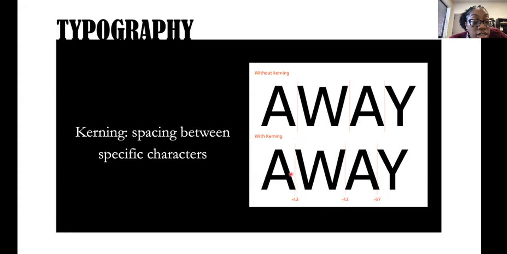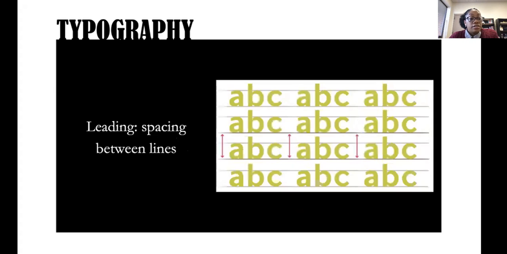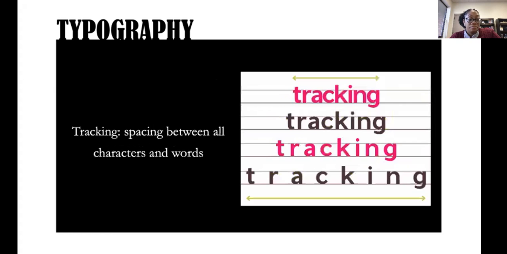It's gonna look even to the viewer's eye, but it's gonna probably have different numbers, different measurements between each one. Then you have leading, which is spacing between lines. So you want to make sure that your text isn't on top of each other where you can't read it. And then you have tracking, which is between all characters and words. It usually evenly spaces it out.